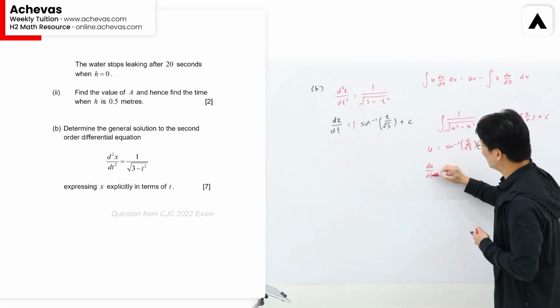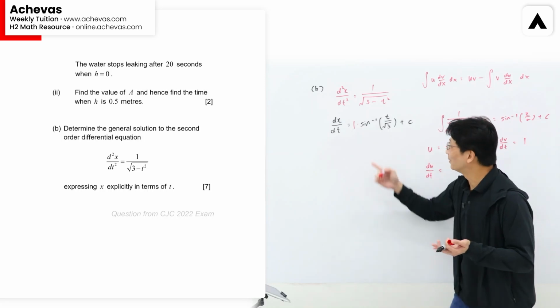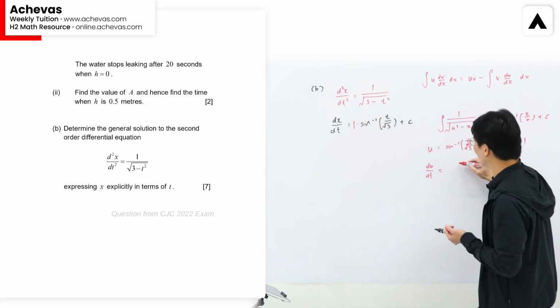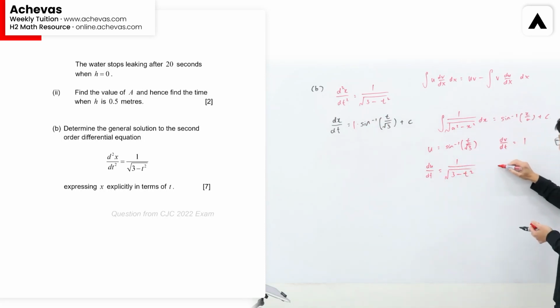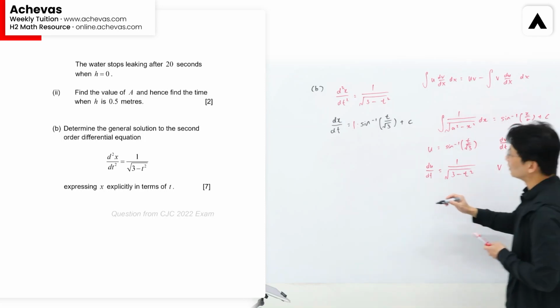So du over dt, for this differentiation, I know that integrate this, I get this. So differentiate this, of course, I will just get back the original one. So it's 1 over square root 3 minus t squared. And this, if we integrate with respect to t, I'll just get a t. So now we can just plug these values into this formula here.